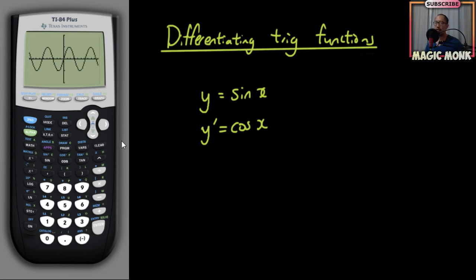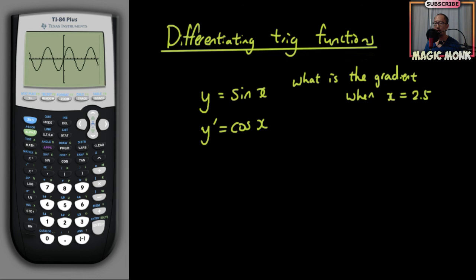So let's talk a little bit about differentiating. When you differentiate, you basically want the gradient of the curve. So let's say I want to find the gradient when x is equal to 2.5, just a random number.